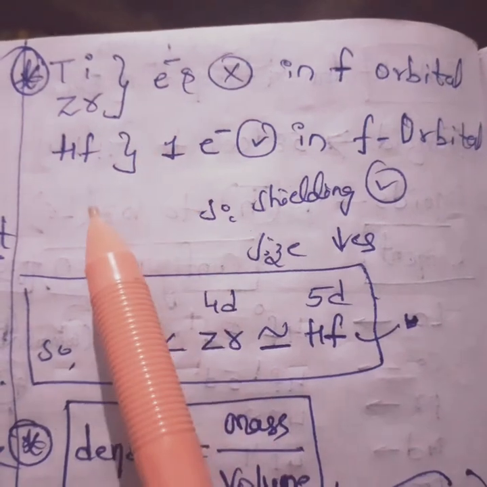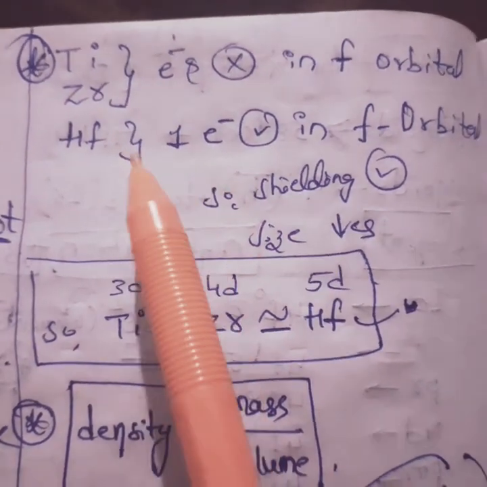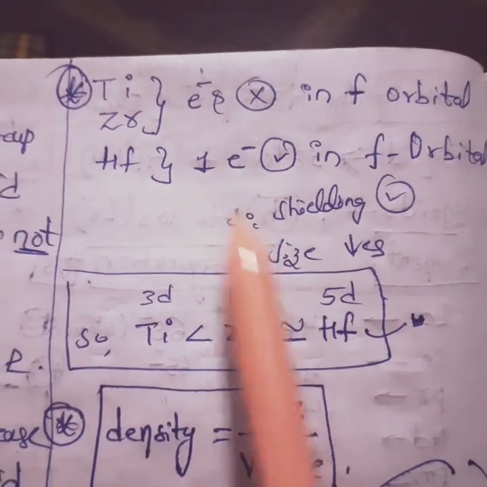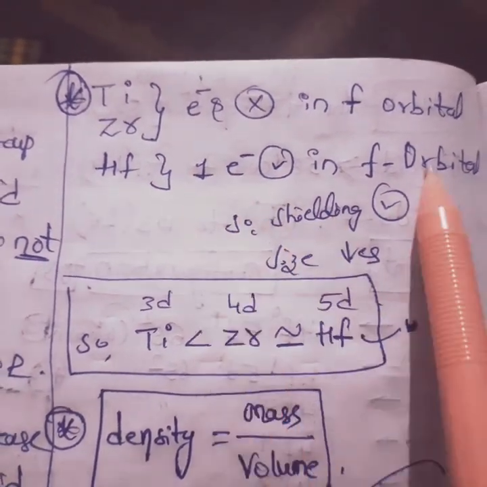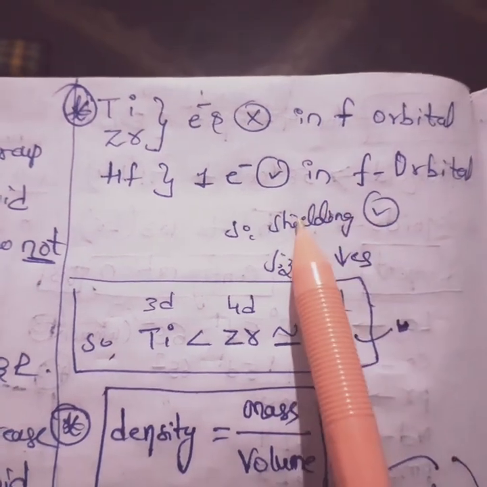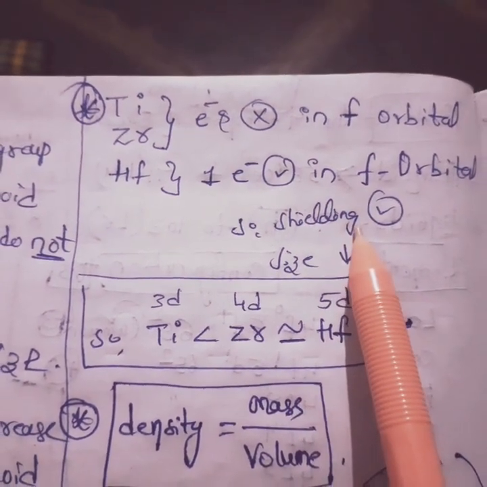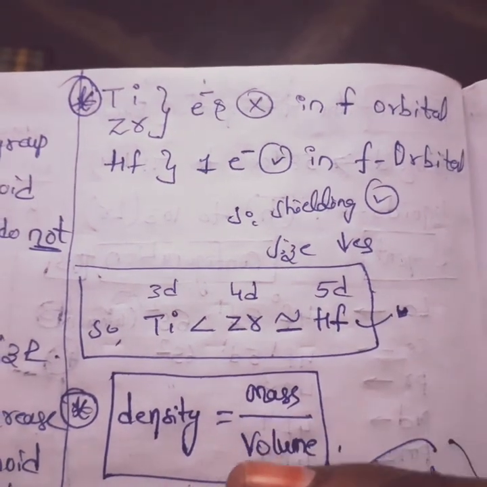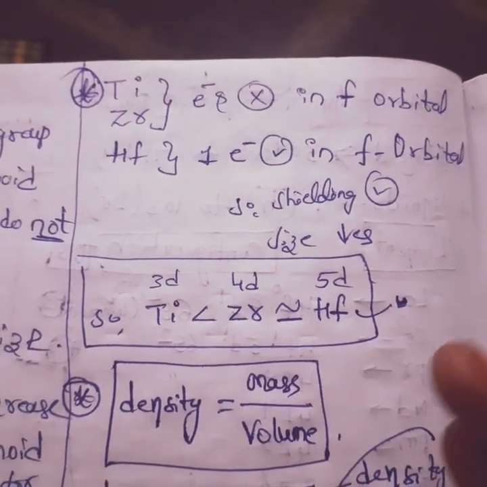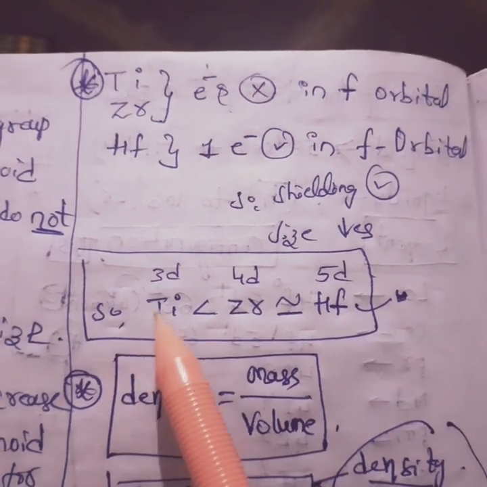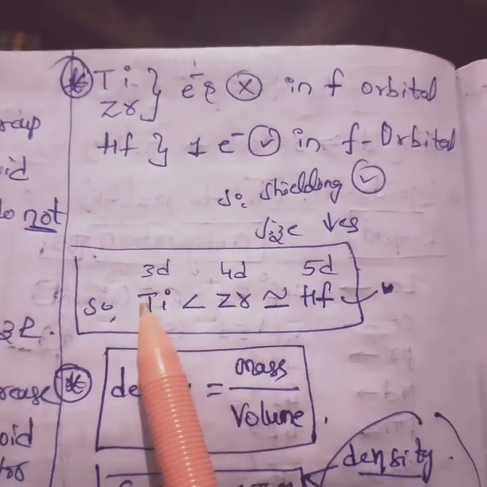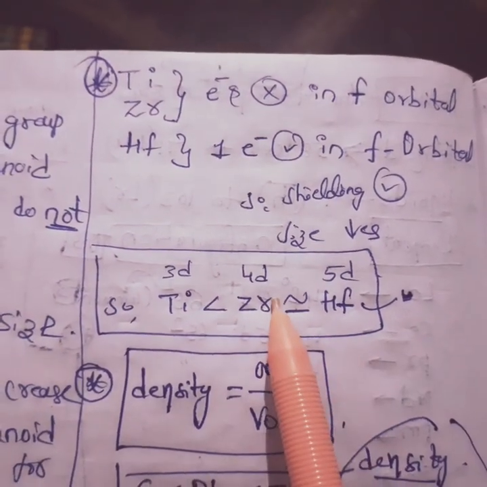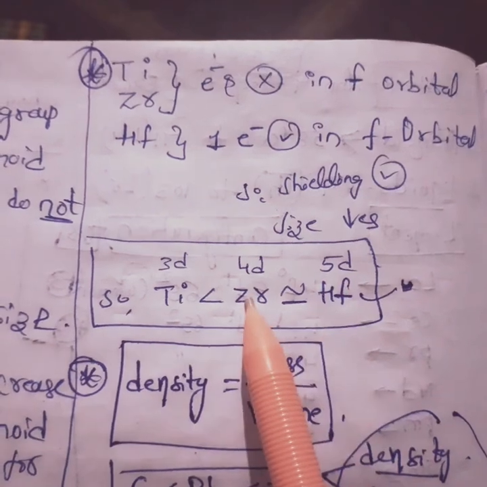But from zirconium to hafnium, in hafnium one electron is present in the 4f orbital. We know that the f electron has poor shielding effect, so the s orbital comes close to the nucleus, so size decreases or almost remains the same. So from titanium to zirconium, size increases, but from zirconium to hafnium, the size remains almost the same, and this is due to lanthanoid contraction.